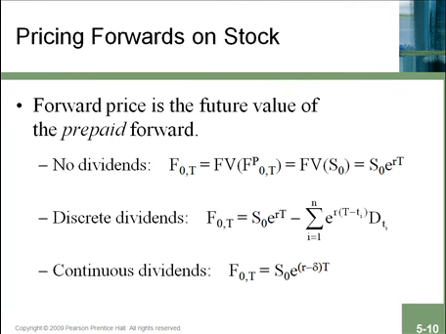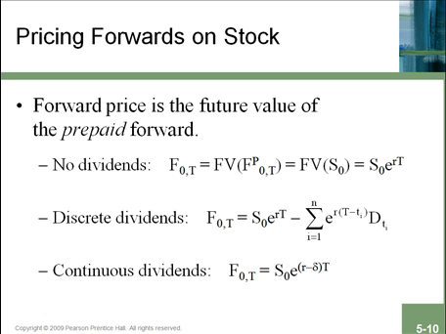Okay, so now we've figured out how to price a prepaid forward contract on a stock, but that's not mainly what we're interested in. Mostly, we're going to be dealing with the price of forward contracts, not prepaid forward contracts. Forwards are what we encounter more often in actual practice, and so that's what we want to know about.